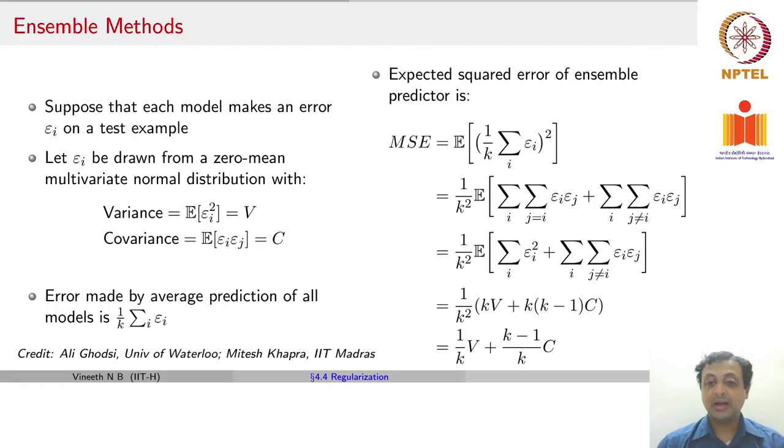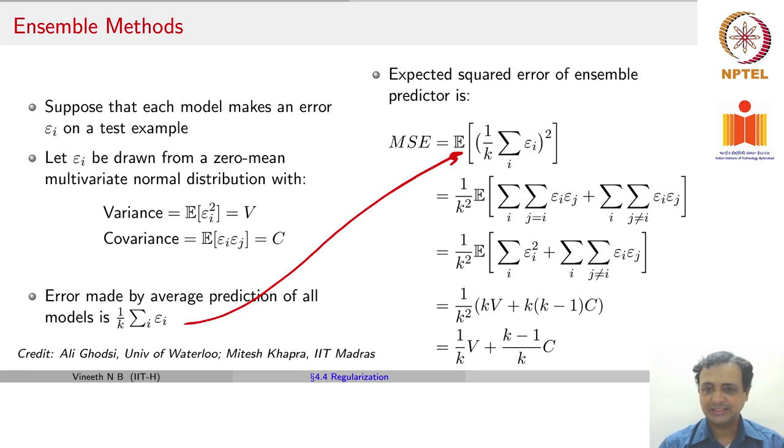Let's now look at the expected squared error of this ensemble predictor. The mean square error of the ensemble is going to be the expectation of ((1/k) summation epsilon_i) square. That's what you have here.